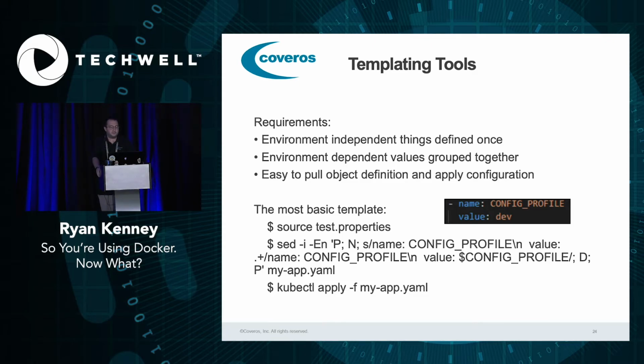I then use this very hideous sed command, this god-awful sed command, to parse the YAML file, take those key value pairs and inject them into the YAML file, ultimately giving me an environment-specific YAML file. And then I use kubectl, which is the tool that you use to manipulate Kubernetes, to apply the YAML file, and boom, we've got our templating.